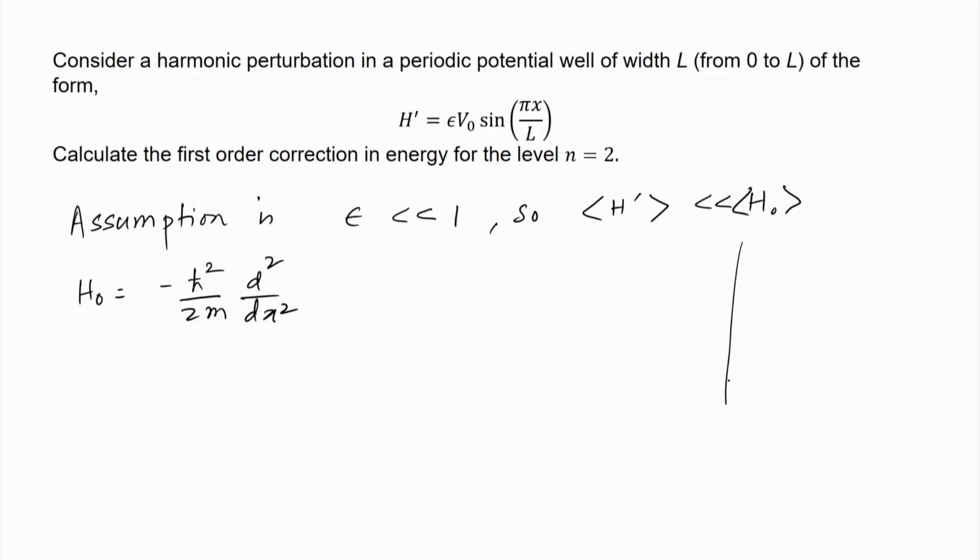So, V is equal to 0 inside the well, and it extends from 0 to L along the x direction. So, n equal to 2 is the first excited state.